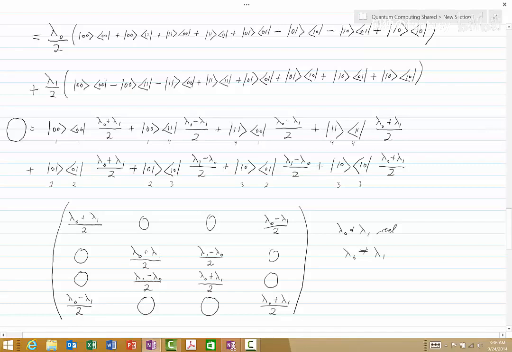And what I mean by 1, 4 entry is row 1, column 4, which is right here. The 1, 1, 0, 0 entry is 4, 1, so that's row 4, column 1, down here. 4, 4 is here, and so on.